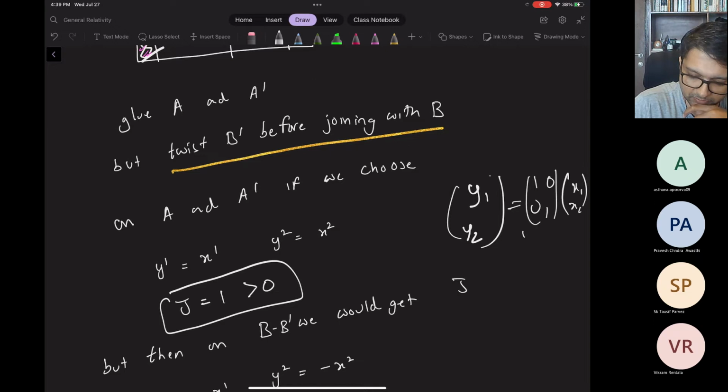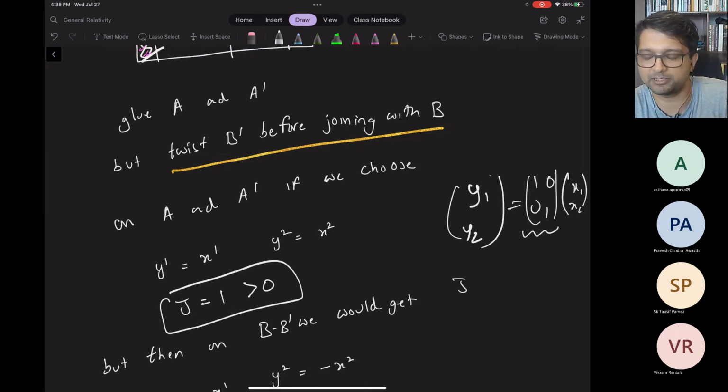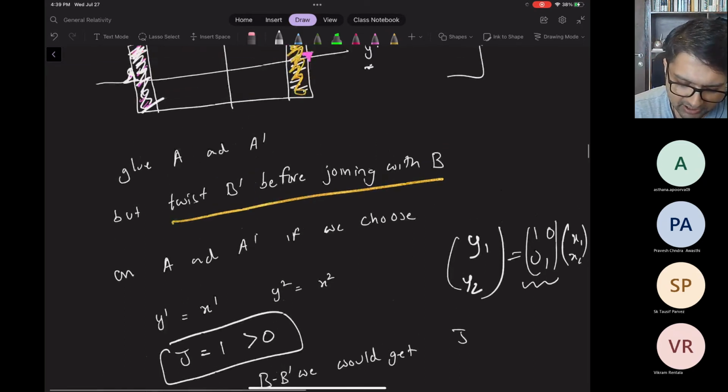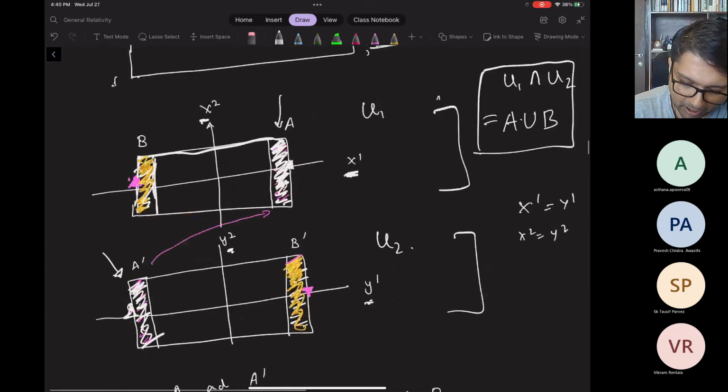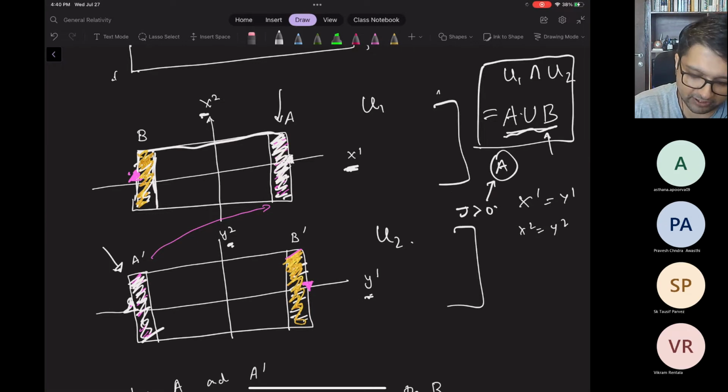The Jacobian will be the inverse of this matrix, and the inverse of the identity is the identity, and the determinant of that will be 1. But now what you see is, on the part A of the intersection, the Jacobian is positive. But on the other part, which is B, I no longer have that freedom anymore.